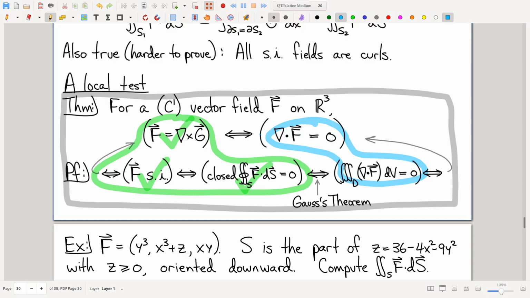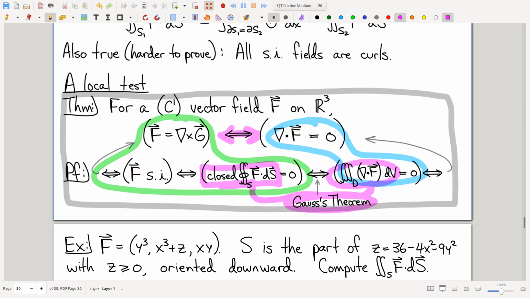And how can I relate these green statements to those blue statements? Can I relate closed, namely boundary fluxes, to triple integrals of divergence? Why, yes, we can. Gauss's divergence theorem does that. So again, I get a convenient local test.